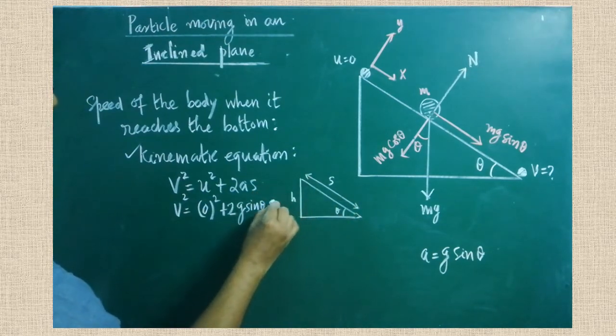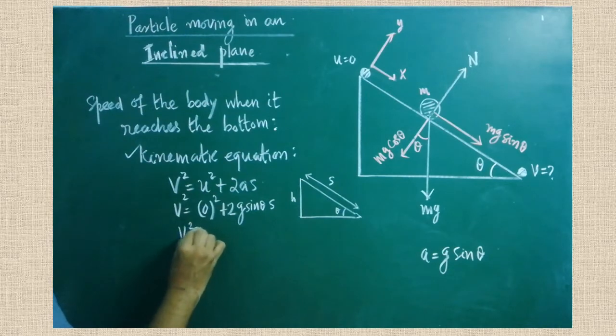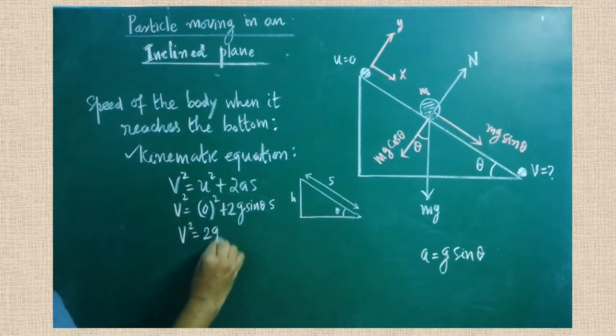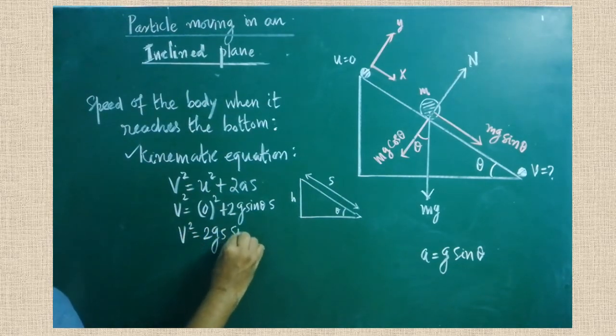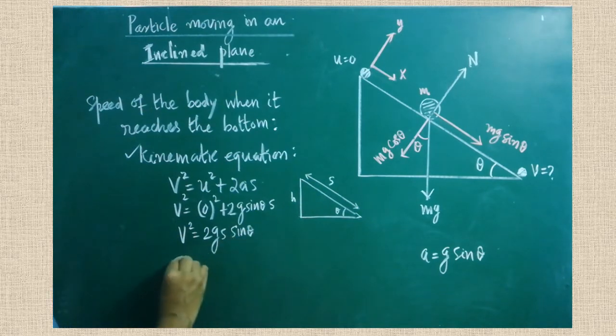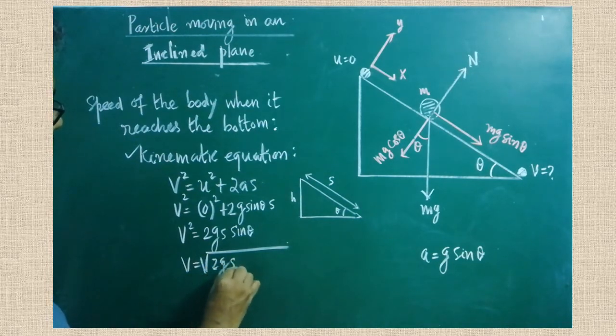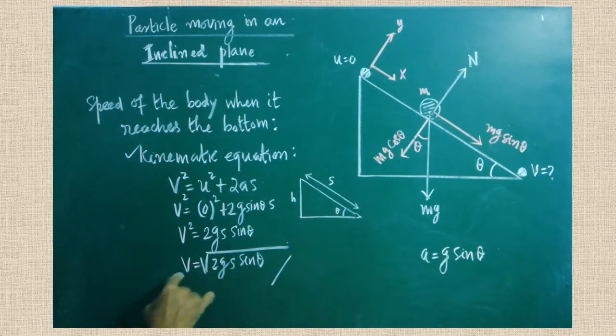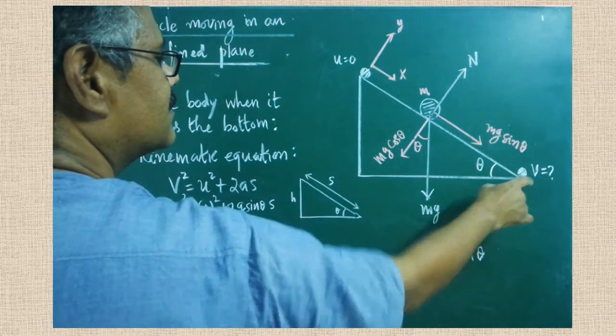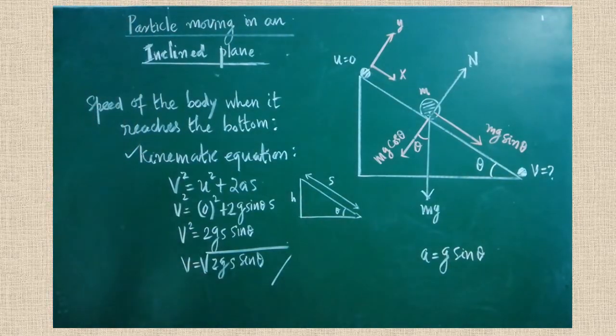So finally, you can write v squared equal to 2gs sin theta. If the square root is taken on both sides, you get v equal to the square root of 2gs sin theta, the expression for the velocity with which it reaches the bottom of the inclined plane. Very simple expression, may be asked for 5 marks. Okay.